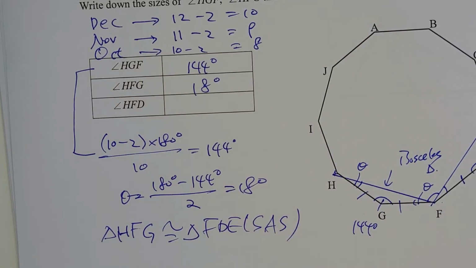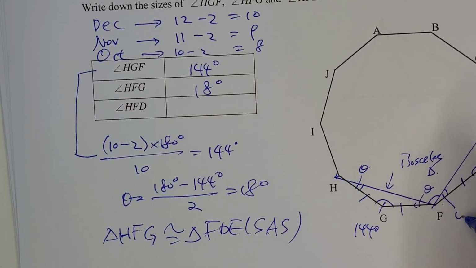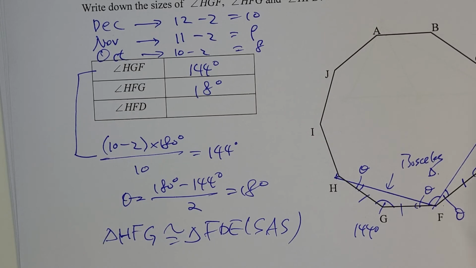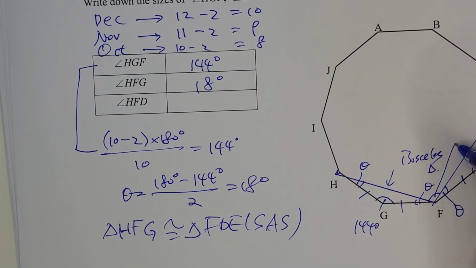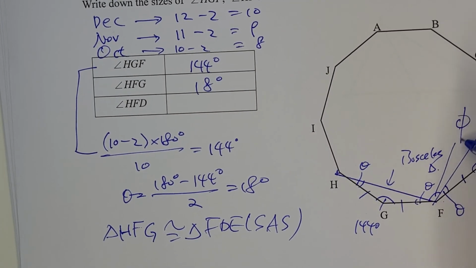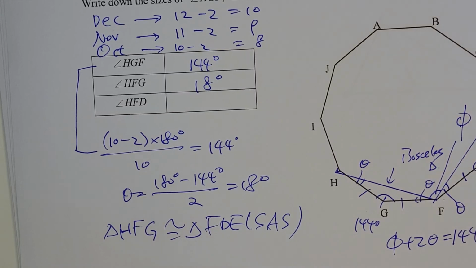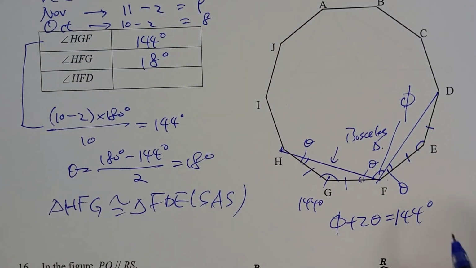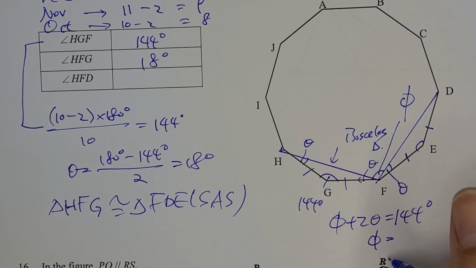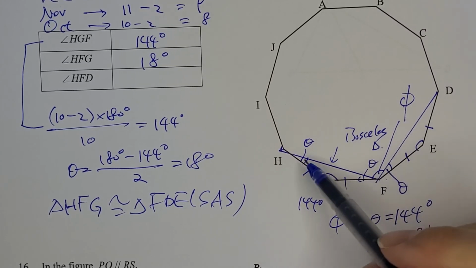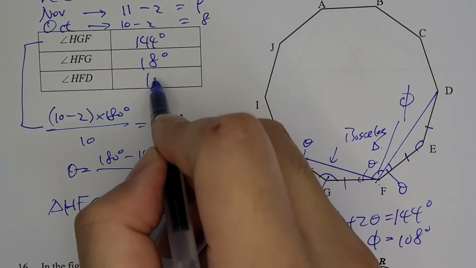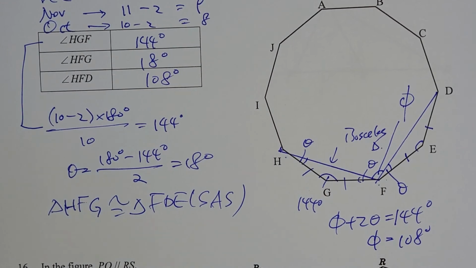If you want to prove it, okay, you're welcome. This theta also. So, how to find the middle angle? Phi plus 2 theta would be 144 degrees. And you can find this one, phi, that is 108 degrees. So angle HFD is 108 degrees. Okay?